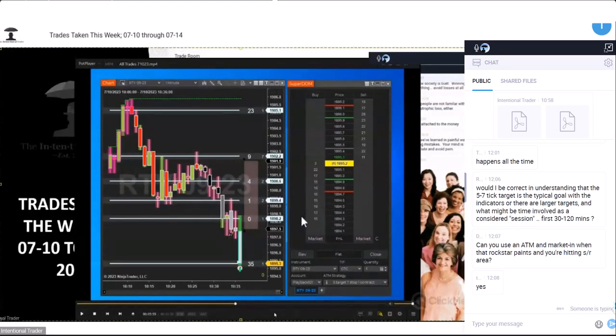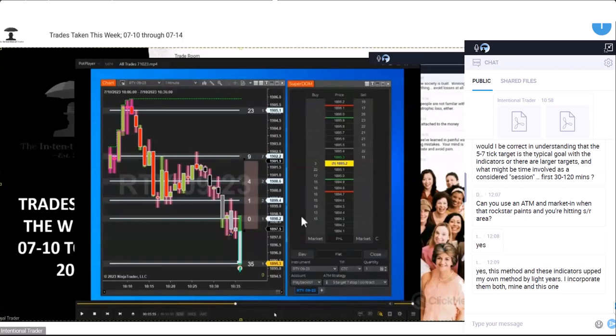So yeah, you could go for larger ones, but our indicators aren't telling us that there's going to be a major reversal here or a long pullback here. Our indicators tell us that based on the conditions right now, you can expect price to change directions right now.